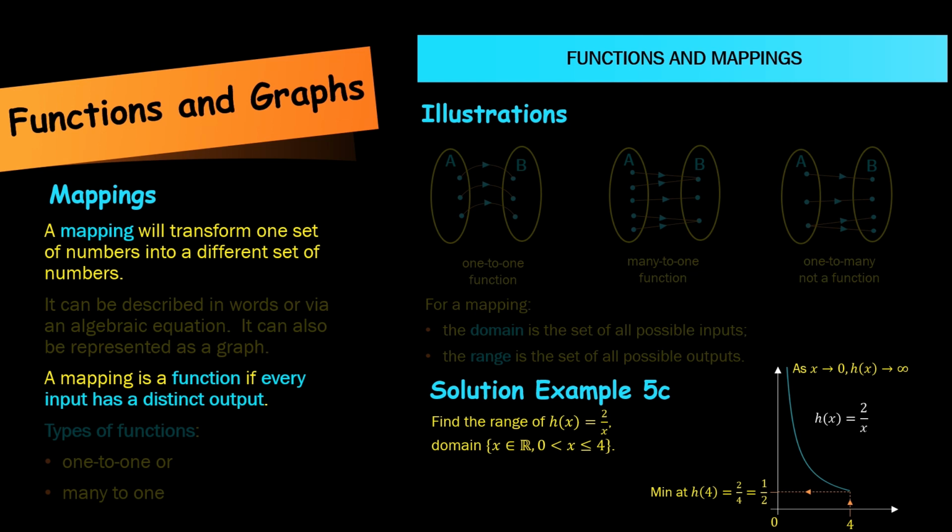In fact, it's tending to infinity. Therefore, if we want to find the range of h of x, we would state it as follows. The range of h of x is a half less than or equal to h of x. And of course, h of x is 1 to 1.